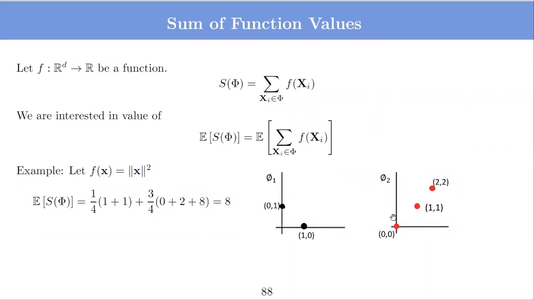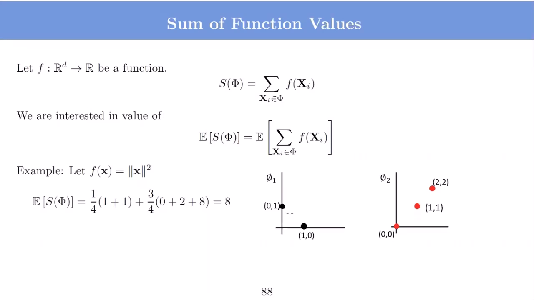We will take this example that a point process takes two realizations, phi1 and phi2. Phi1 has 2 points, phi2 has 3 points. And my function here I'm taking is the norm of x squared. Okay, so the absolute value of x, norm of x squared.